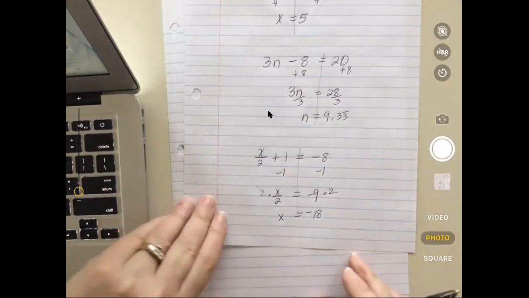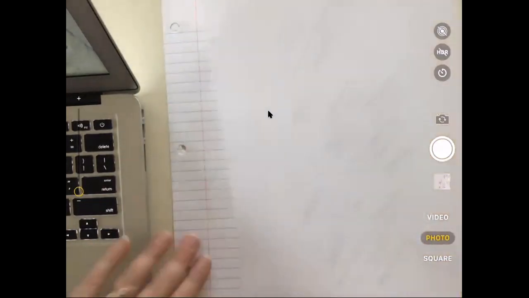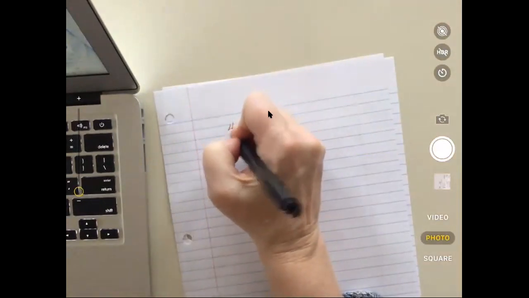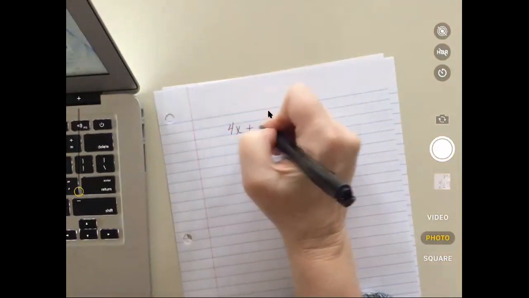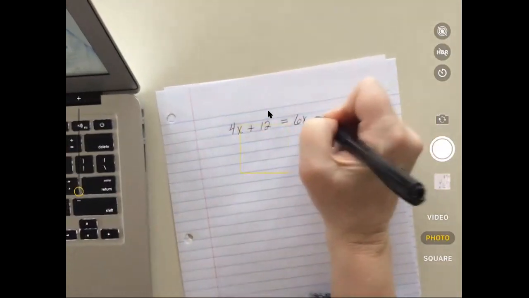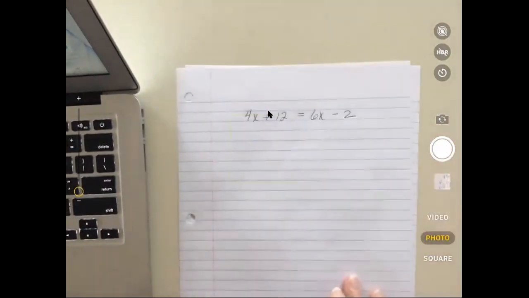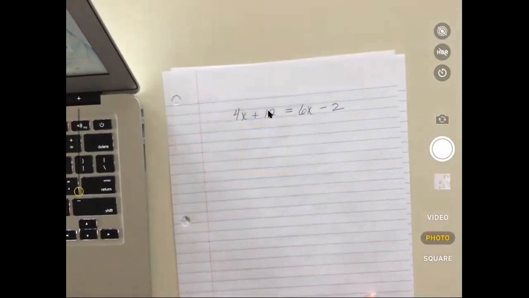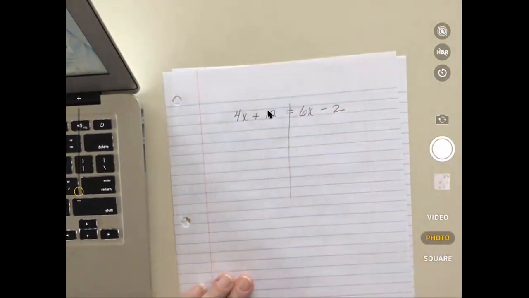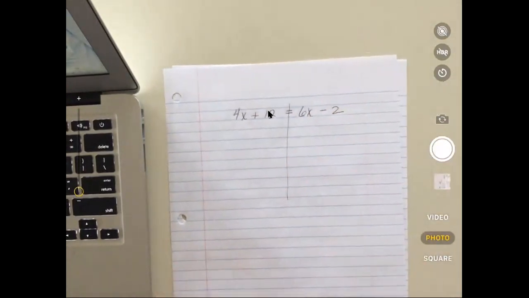And if you have variables on both sides, that gets even harder yet. If you have something like this, 4x plus 12 equals 6x minus 2. When you've got the x on both sides of the equation, you want to get all the x's on one side and all the numbers on the other side.